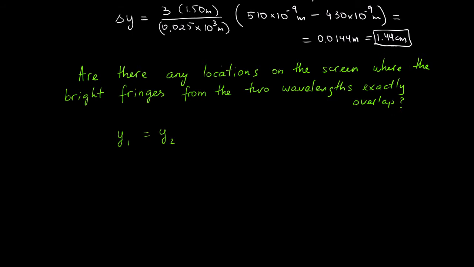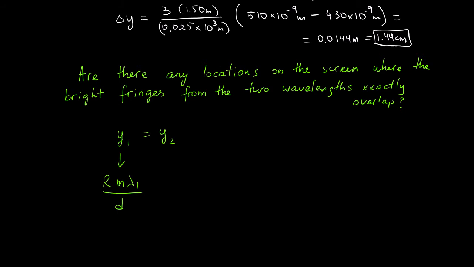But here's a tricky moment. This y1 is the bright fringe from lambda 1, so I can write r times m lambda 1 over d. The tricky moment here is that the second one doesn't necessarily have to have the same order of bright fringe.